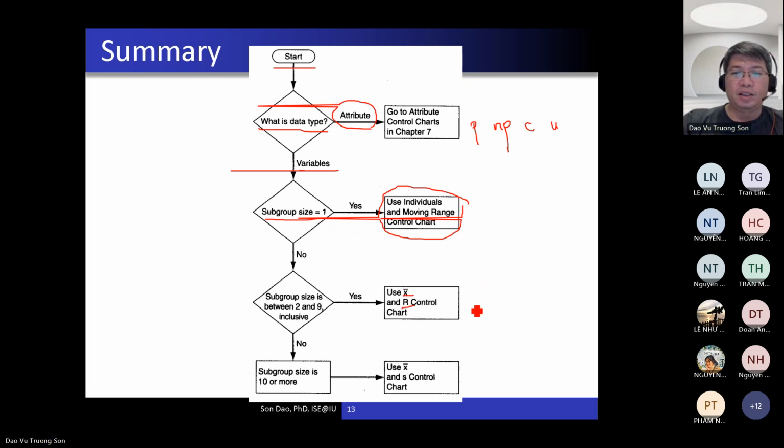If the subgroup size is 10 or more, then it's better to use X bar and S charts. But remember, when you use the S chart, you also have to calculate the R chart as well, so basically the X bar and S will be more complicated. And as I have mentioned before, all these can be programmed into Excel.